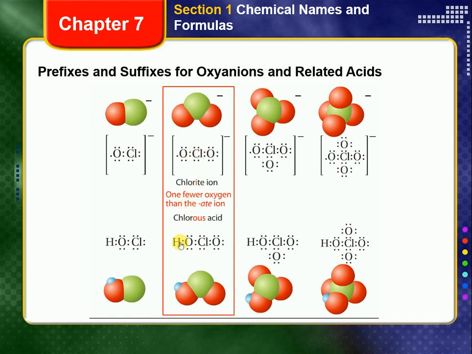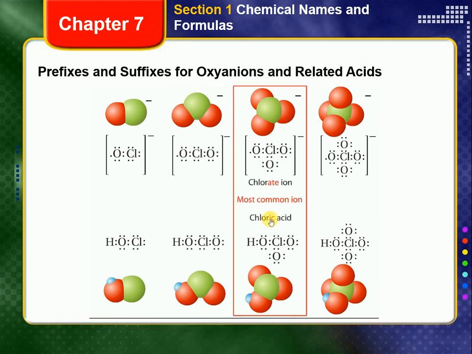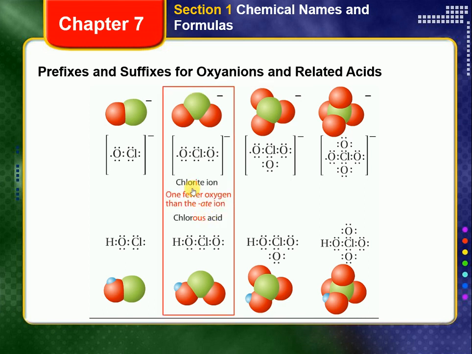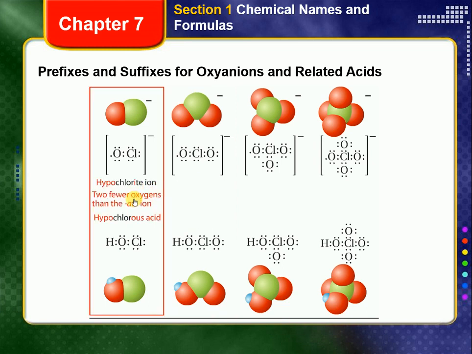Now, when we add the acidic proton, the ITE becomes OUS acid. So the chlorite ion becomes chlorous acid. We have chloric acid over here from the chlorate ion. ATE becomes IC. But from the chlorite ion, we get chlorous acid. ITE becomes OUS.